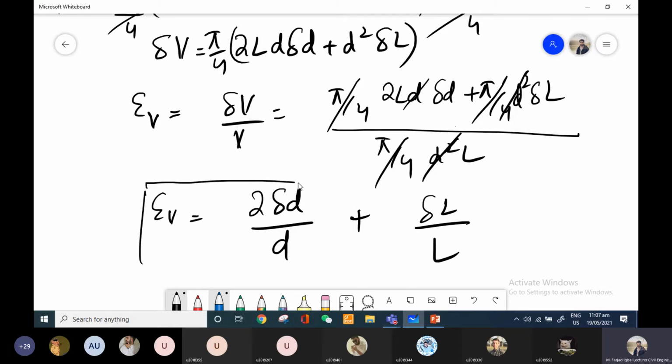So this is one expression for volumetric strain.